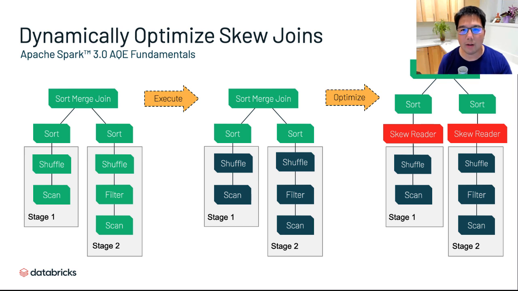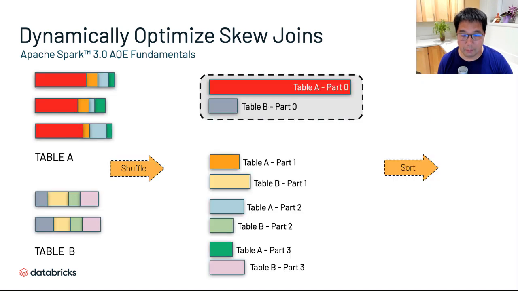The query is optimized, and then the skew shuffle reader kicks in. This is on the right-hand side now. It will, because the skew reader kicks in, split the skew partitions into smaller subpartitions. So for any of the shuffle partitions that are too large. So instead of you changing your code base, underneath the covers, AQE is going to go do that for you.